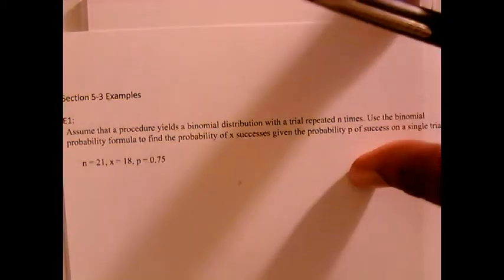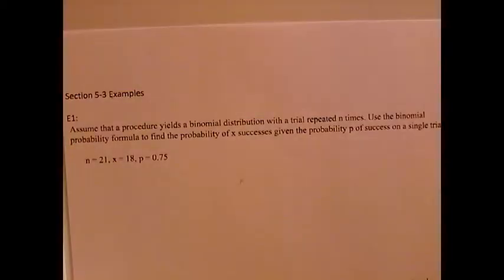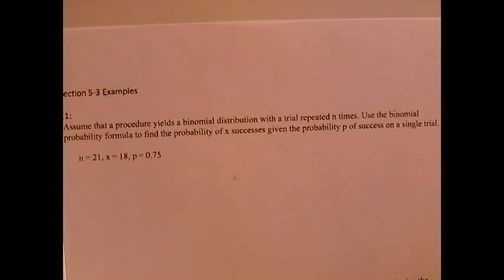Alright, in this case, assume that a procedure yields a binomial distribution with a trial repeated n times. And you're going to use the binomial probability formula to find the probability of x successes given the probability p of success on a single trial. And in this case, your n is 21, x is 18, and p is 0.75.